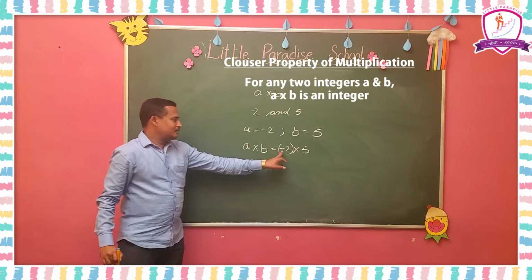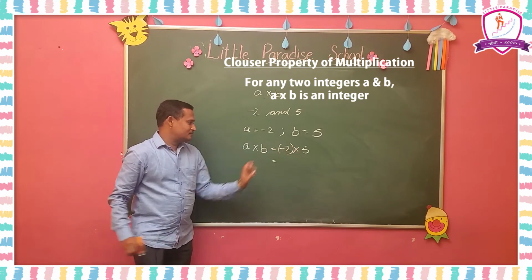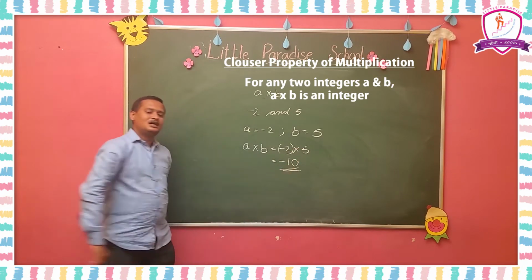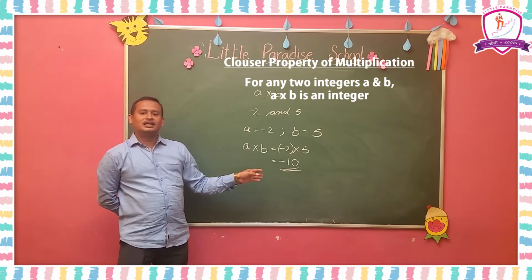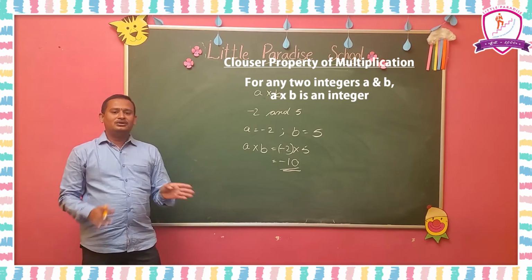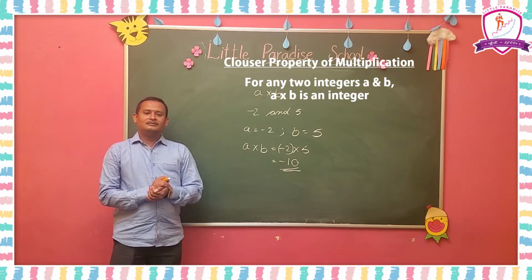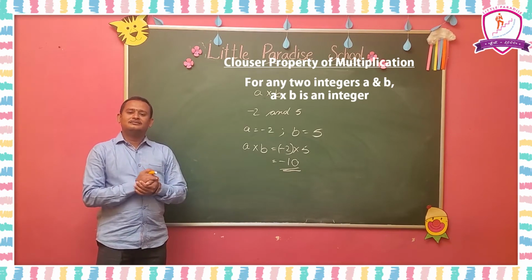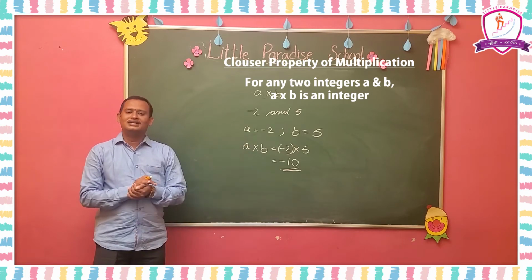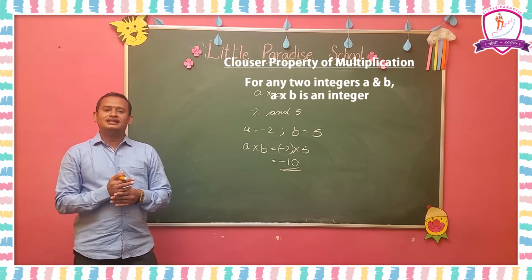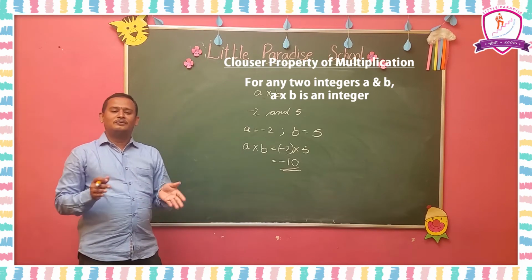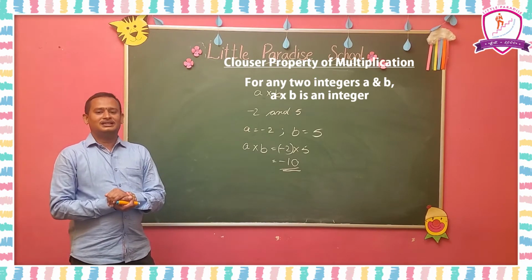So here we have to multiply the symbols first, minus into plus is minus, and 5 twos are 10. Minus 10 is also an integer. So we can say the closure property of multiplication is satisfied. Here the product of minus 2 and 5 is minus 10, and minus 10 is also an integer. So we can say the integers are closed under multiplication. This is called the closure property of multiplication of integers.